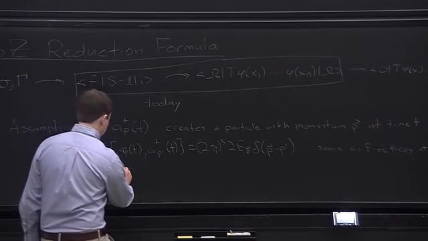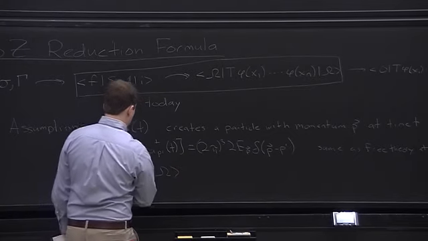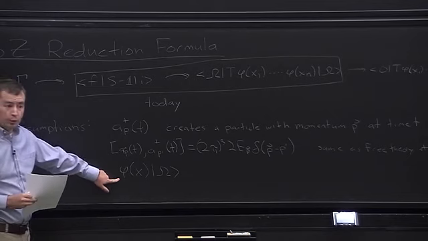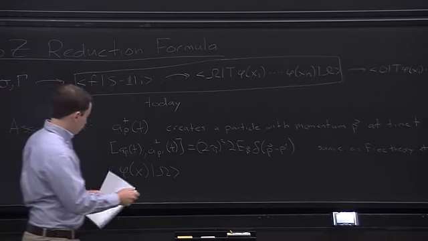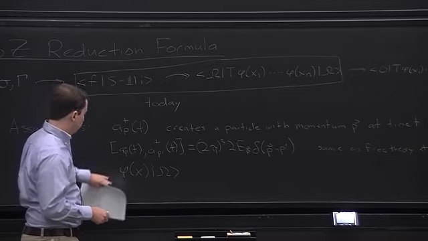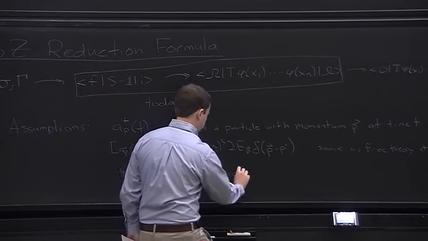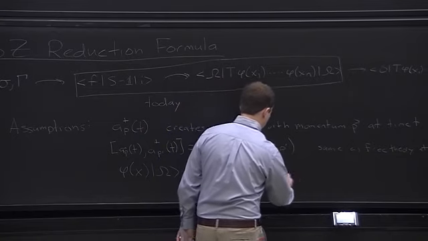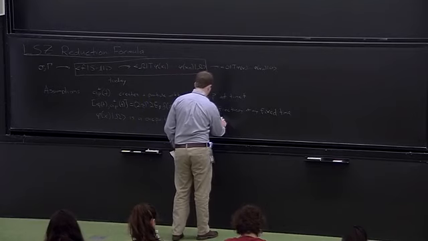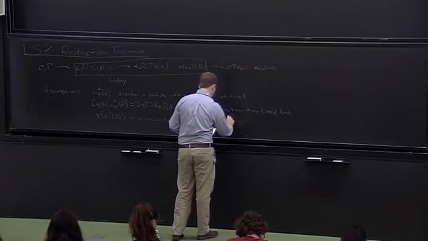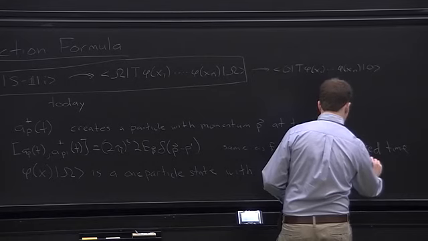Another assumption we're going to make is that this is still a one-particle state in the interacting theory with the same form factor, the one that you computed in the tutorial, which was <p|phi(x)|Omega> is e to the i p dot x.